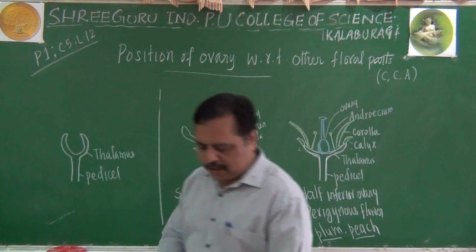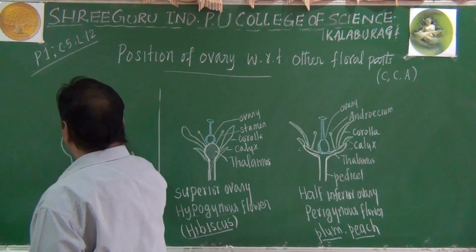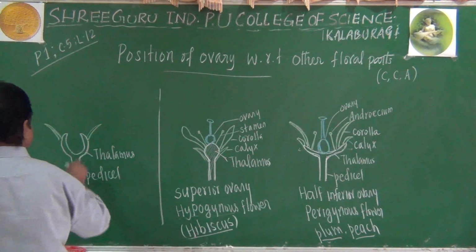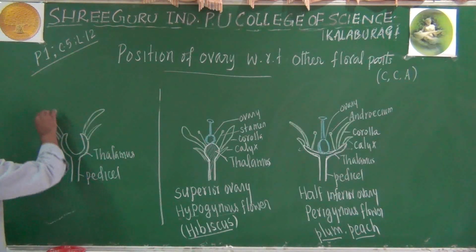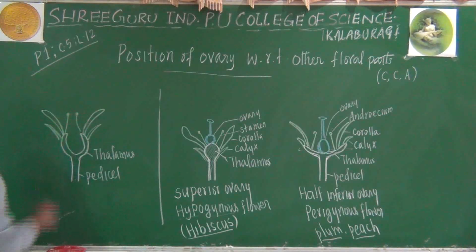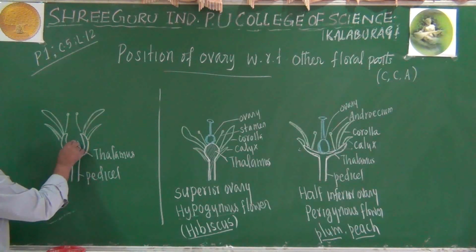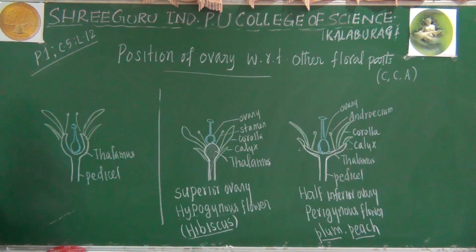In this condition, you can see that this part is the calyx containing sepals. Here the second floral whorl called petals is present. Here the stamens are present. What about the gynoecium? This is the ovary. Here style, here stigma, they are present.